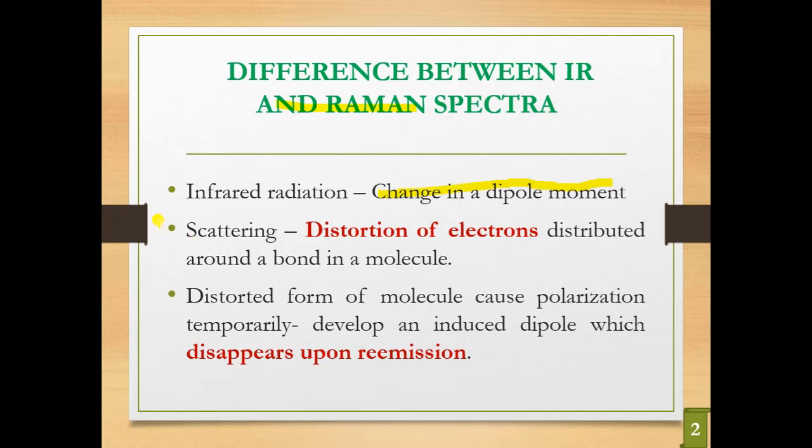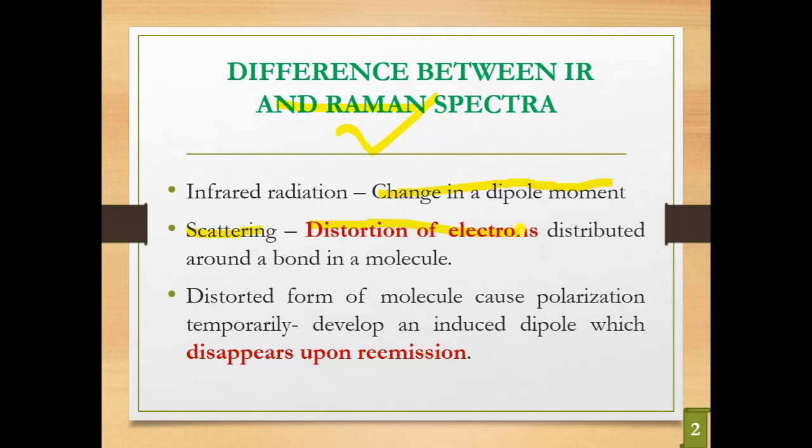In contrast, if we talk about Raman spectra, the basic principle involved is scattering. This involves the momentary distortion of electrons. As we know, molecules have bonds and these bonds are surrounded by electrons.